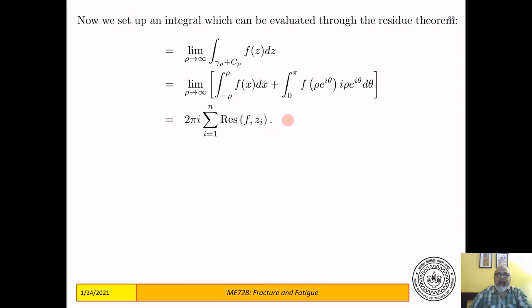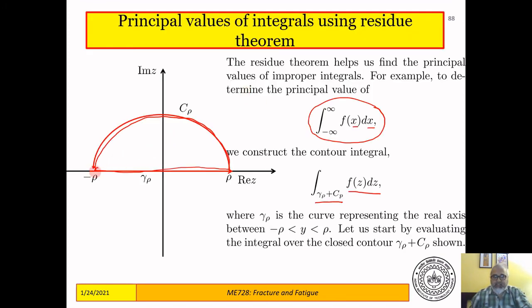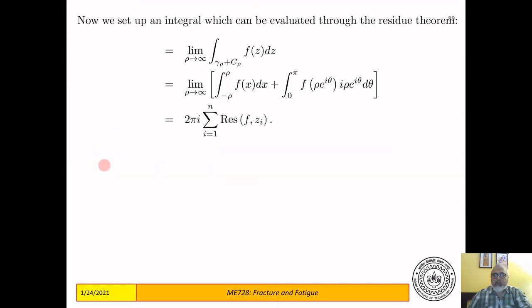In that case, I can set up this integral with rho going to infinity. The integral of f(z) dz is the integral of f(x) dx, because this is the real axis, so z is equal to x here, from minus rho to rho, and then f(z) dz over this circle. So the integral of f(x) dx from minus rho to rho is the integral that I'm supposed to calculate, and then 0 to pi, only the upper part.